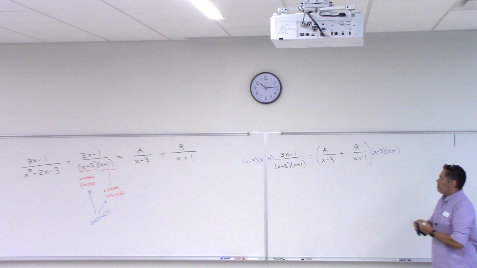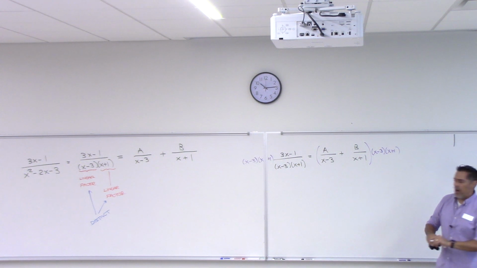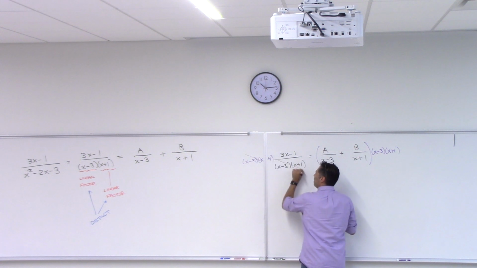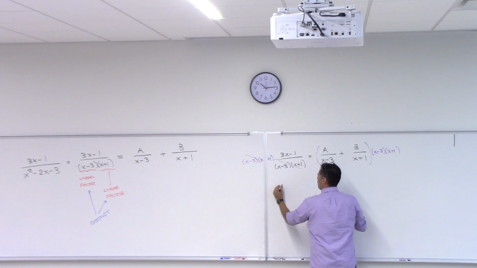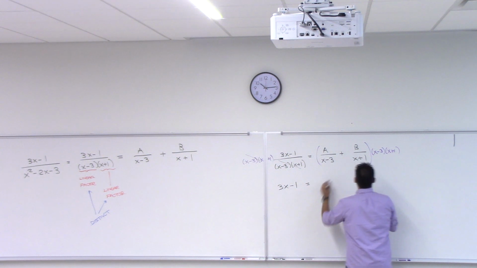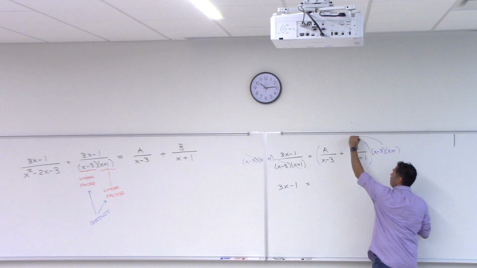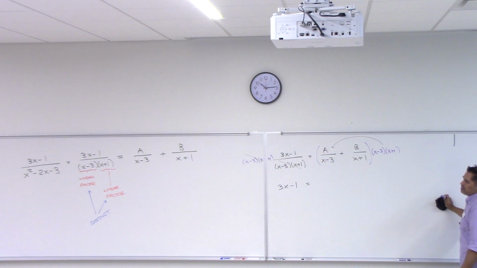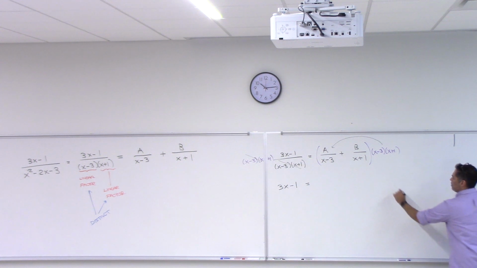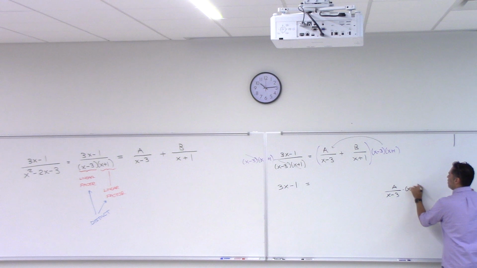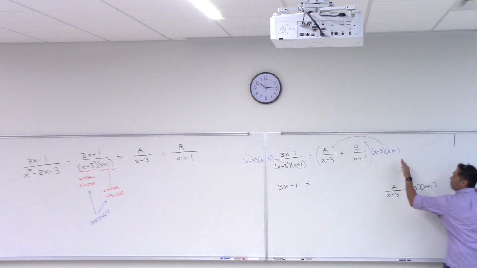Now, you might be asking, why are you doing that? Well, just do it and you'll see why. When I do it here, what happens? It cancels out and you just get 3x minus 1. And then over here, what happens when you distribute, because you have to distribute, right? Here to here, the x minus 3's cancel, don't they? Right, because I'm doing A over x minus 3, but I'm multiplying by x minus 3 times x plus 1, right, when I do that.